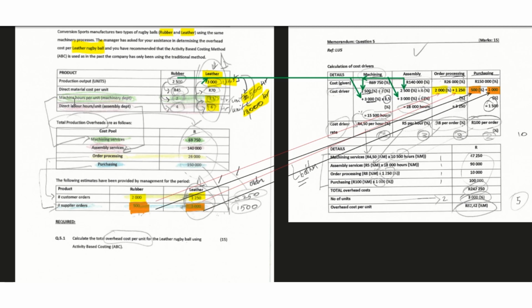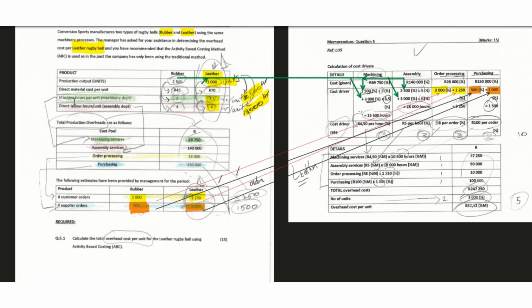That's a cost driver for the machinery department. We can see that there are two departments here, the machinery department and the assembly department. If you are doing the traditional, refer back to your notes. These are the two things that you would be looking at: the machine hours per unit and the direct labor hours per unit.